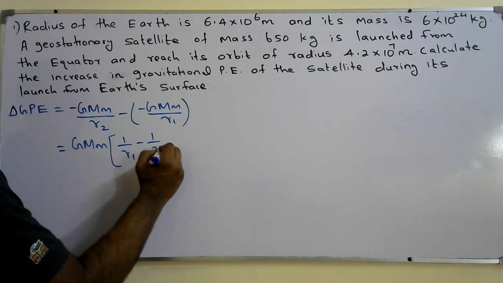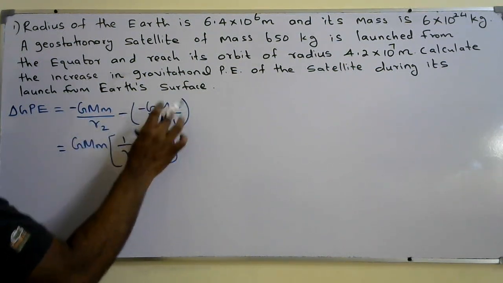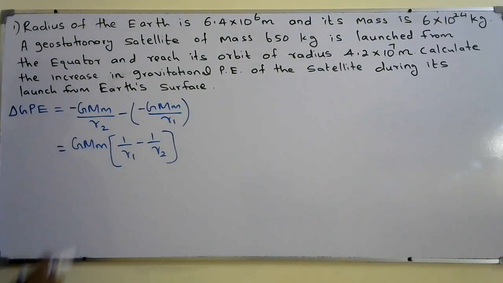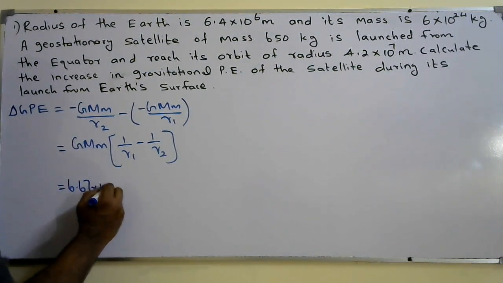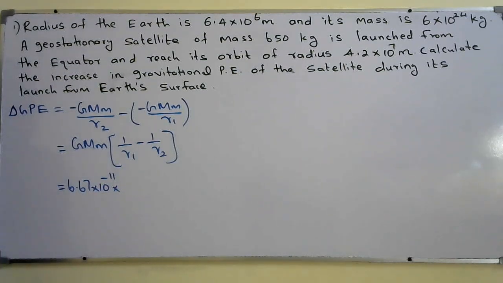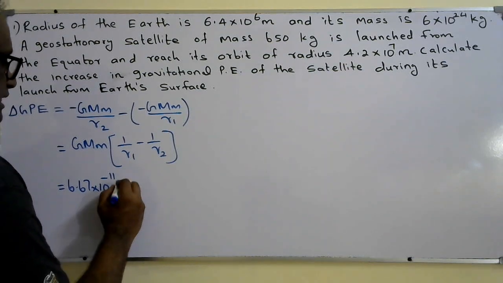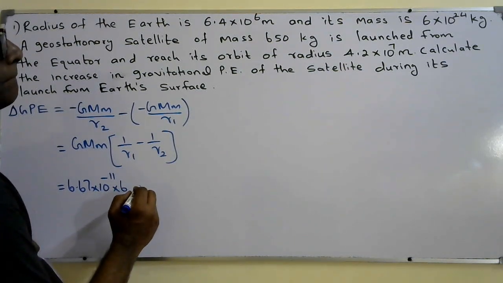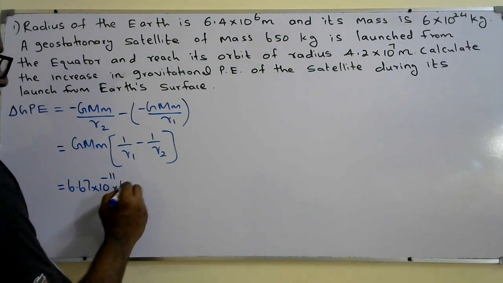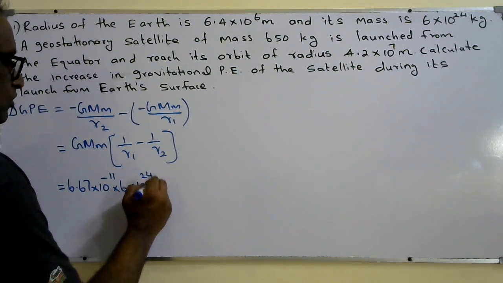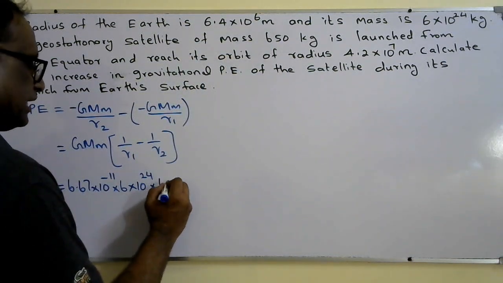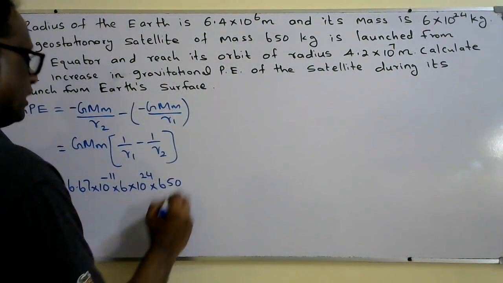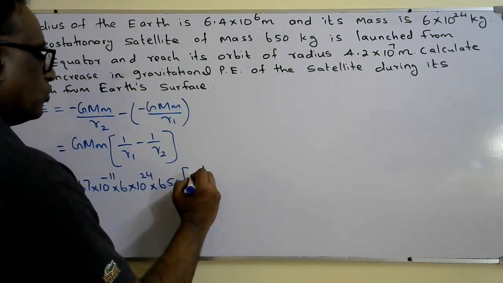I took GMm common. So 6.67 × 10^-11. The mass of the Earth is given, capital M is the mass of the Earth, 6 × 10^24. Small m is the mass of the satellite, which is given as 650. Then 1 over R1, where R1 is the radius of the Earth, the initial radius.